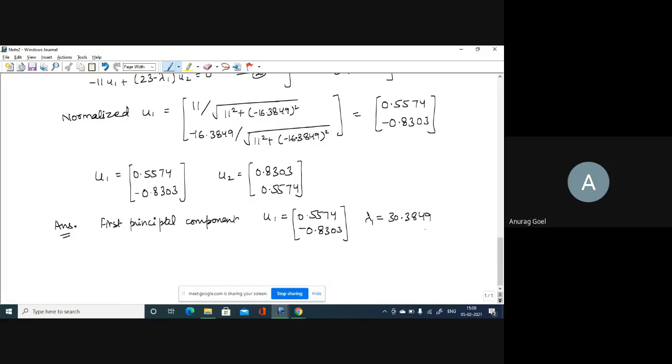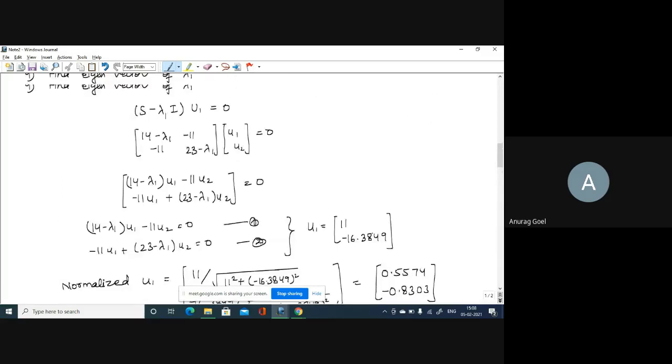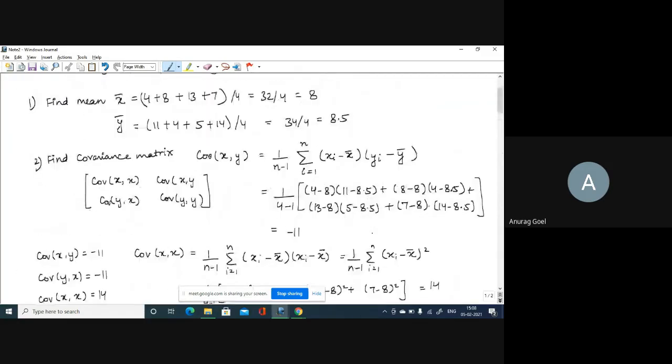Now you can also represent your original data in 1D using this first principal component. Let me show you how. Let's copy that data.